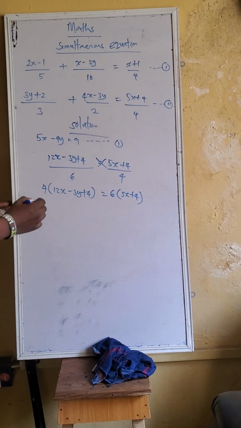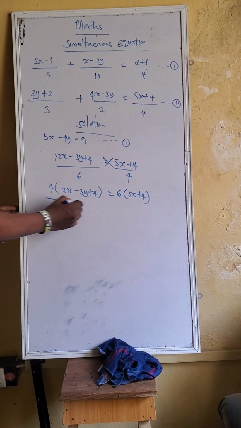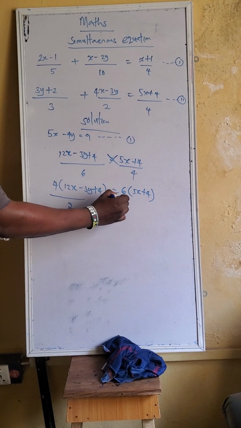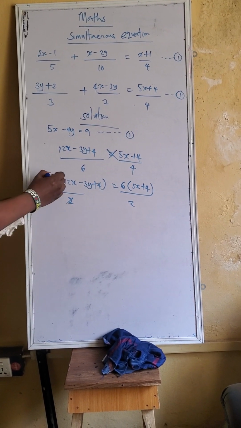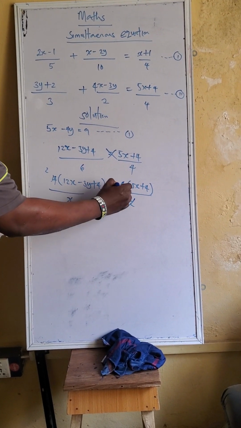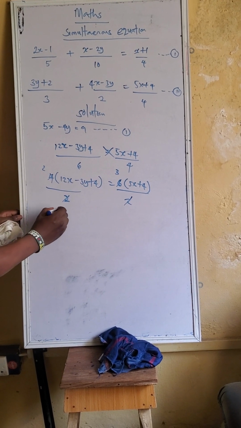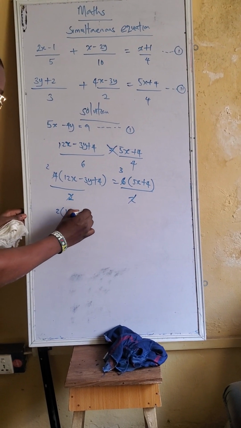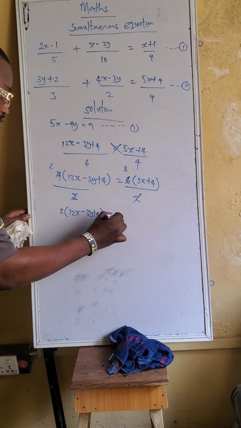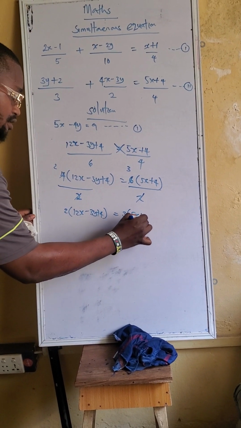Before you open the bracket, they can divide each other. 2 can go here, 2 can also go here. 2 here cancels this, that's a 2. 2 here cancels this, that's a 3. So we can say 2 open bracket 12x minus 3y plus 4 equals 3 open bracket 5x plus 4.